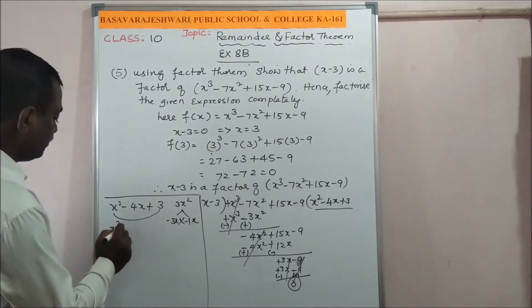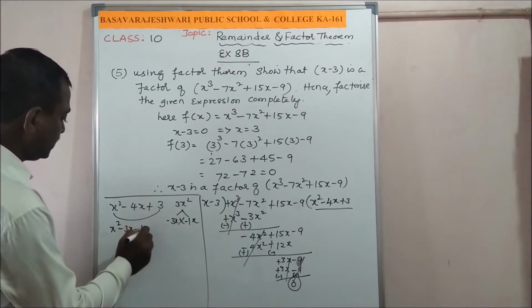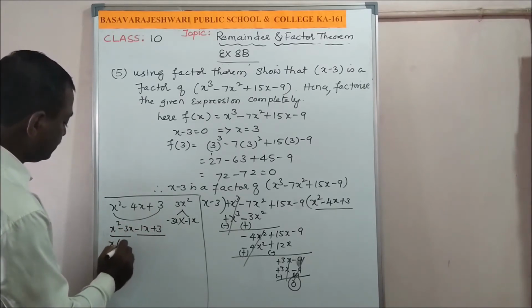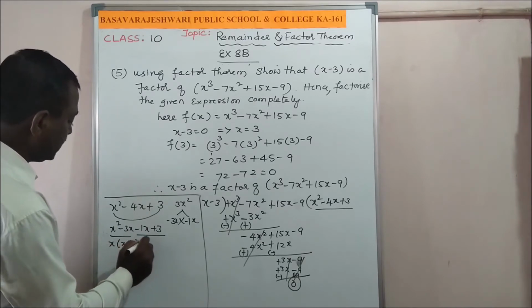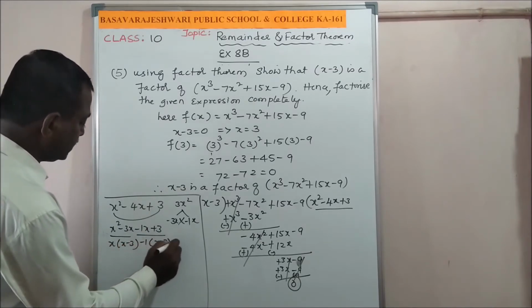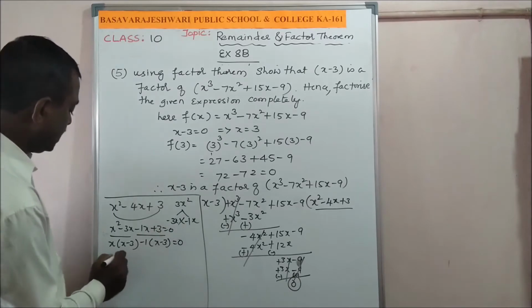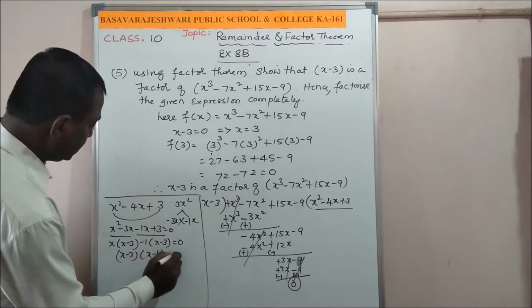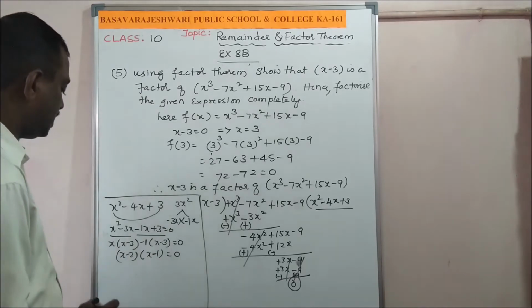So x square minus 3x minus 1x plus 3. x common: x minus 3, minus 1 common: x minus 3, is equal to 0. x minus 3 is one factor, x minus 1 is another factor.